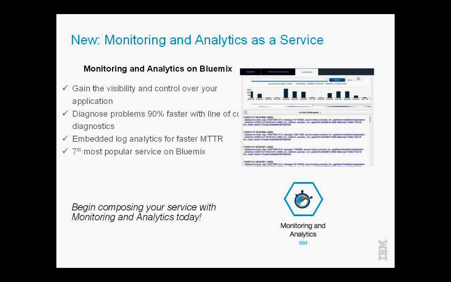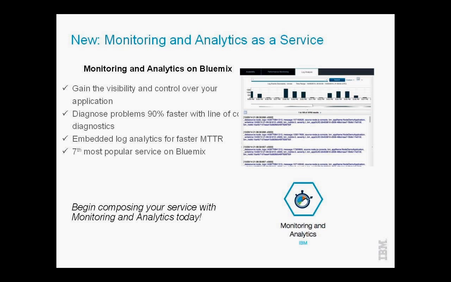Essentially, that's a combined capability of our application performance monitoring environment plus our log analysis solution, joined together as a service for customers and developers who deploy on our platform as a service, Bluemix. It has both a free capability, so you can use it free of charge when you attach it to your various runtimes, and it also has a paid service that gives you increasing capability.